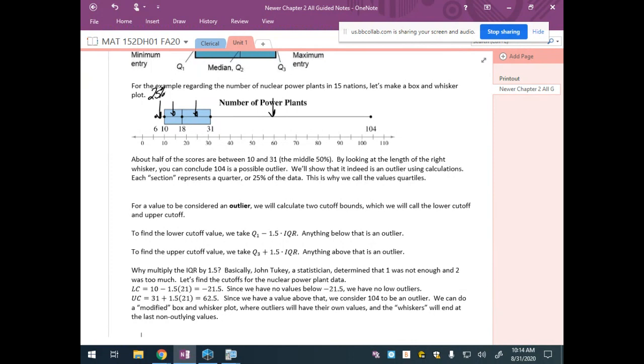We do have one value above that, 104, and that's considered to be an outlier. So then we make a modified box and whisker plot. Real easy. The whiskers will just end at the last non-outlying values.